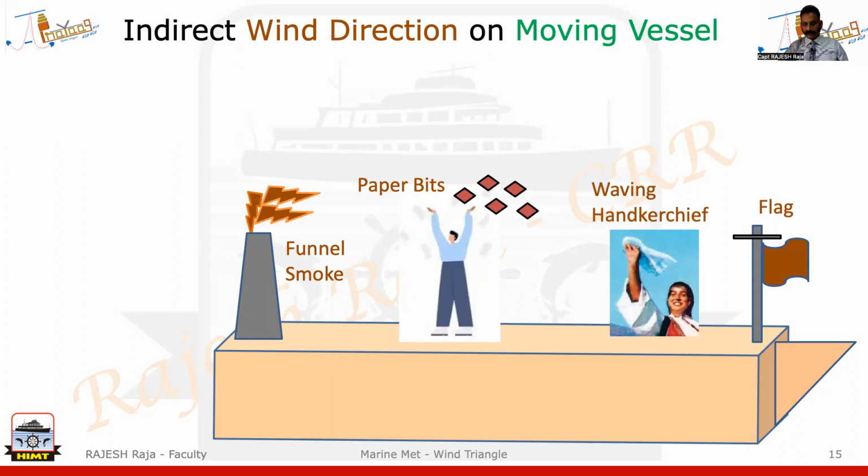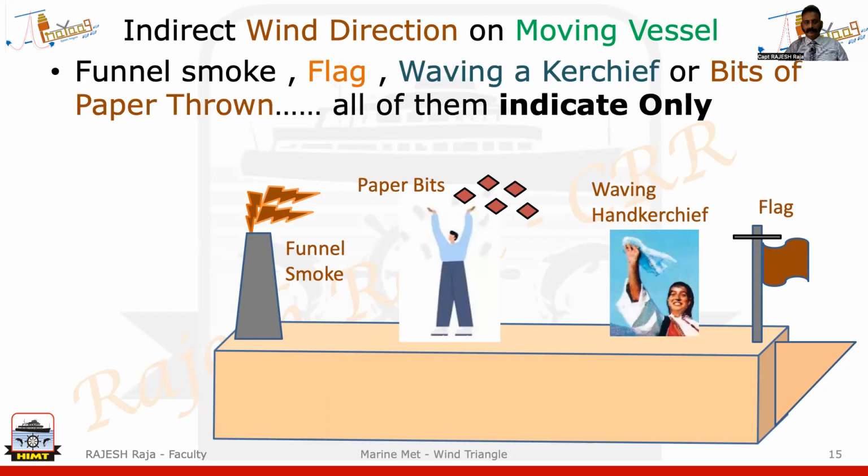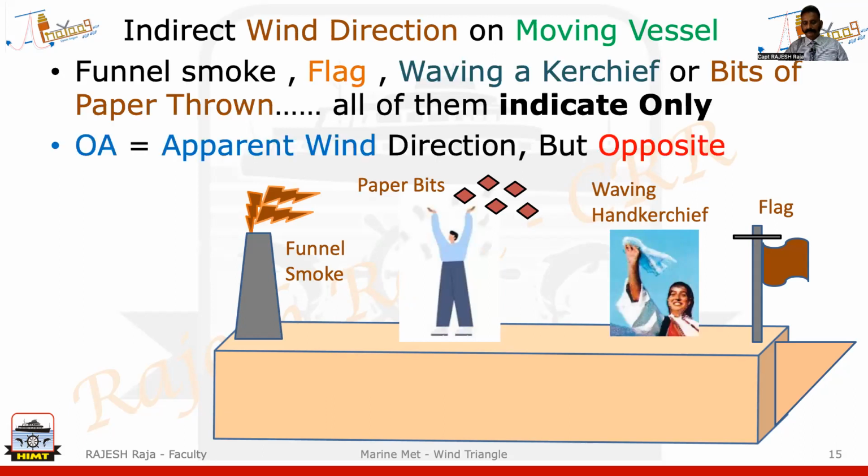Please remember, all of them are indicating only apparent wind. And you should realize that the apparent wind is coming exactly from the other direction from what I have shown you here as the flag fluttering or the smoke going, the papers flying, or the handkerchief. So this is your apparent wind direction.